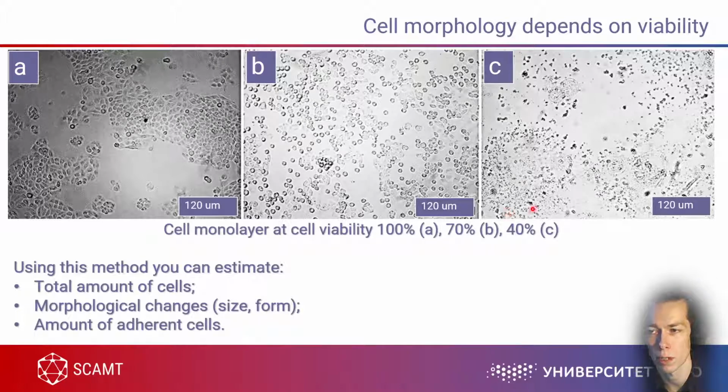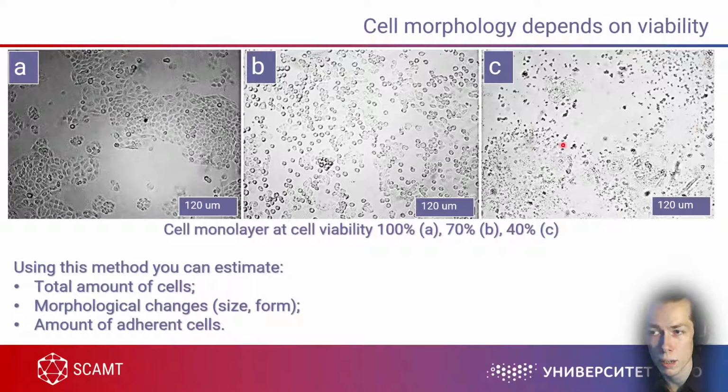But just compare the images. So 70% of cells are living, but if you look at this picture, it's not 70% of cells adherent. Maybe here some adherent cells, here some adherent cells. So according to this image, much more than 70% of cells are dying.